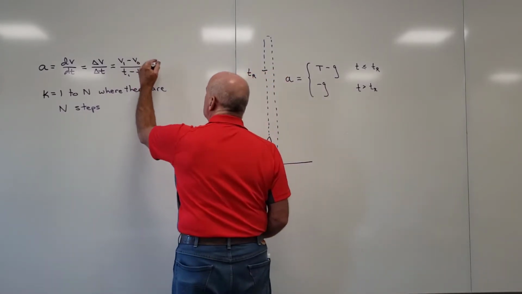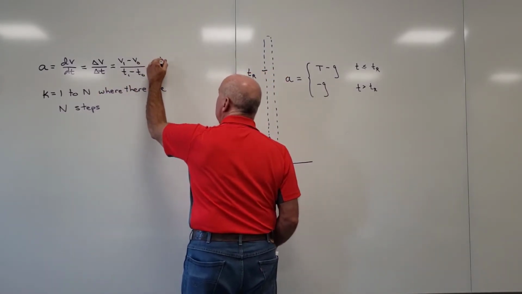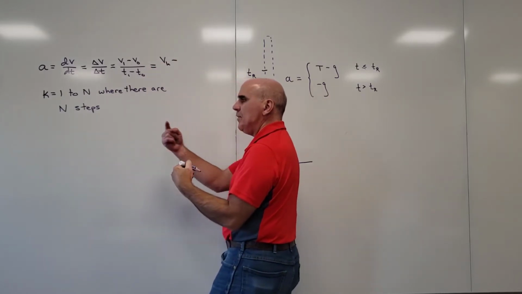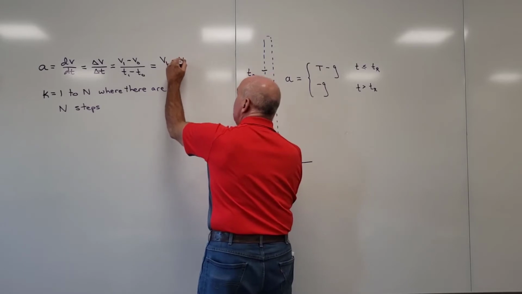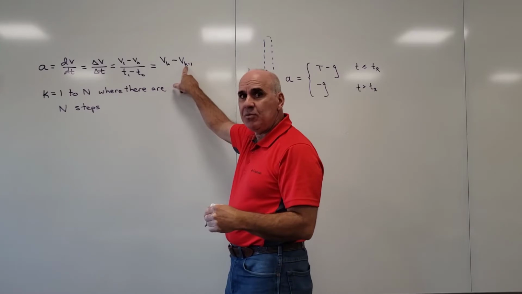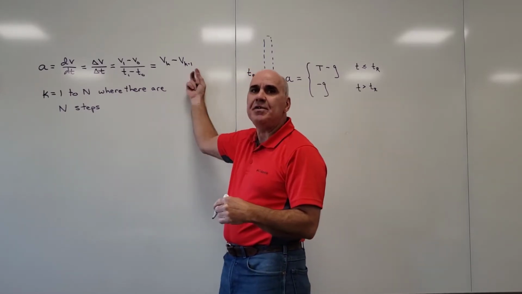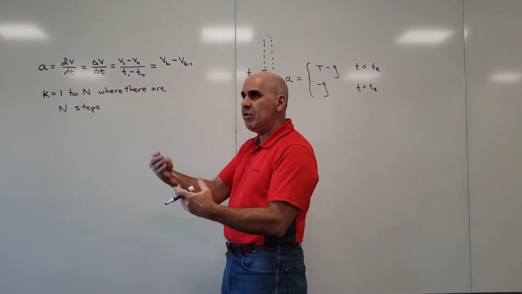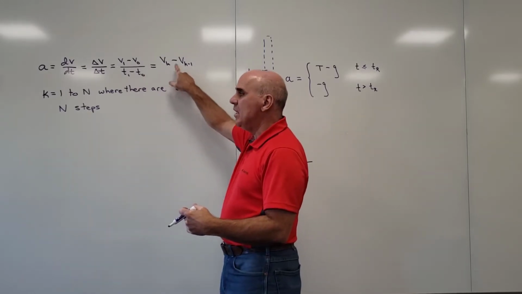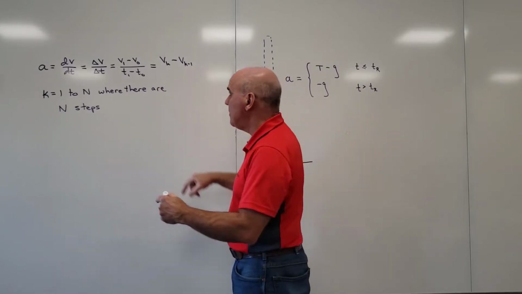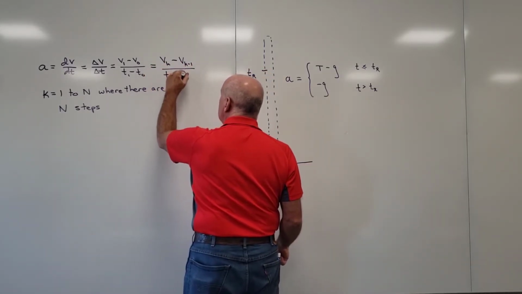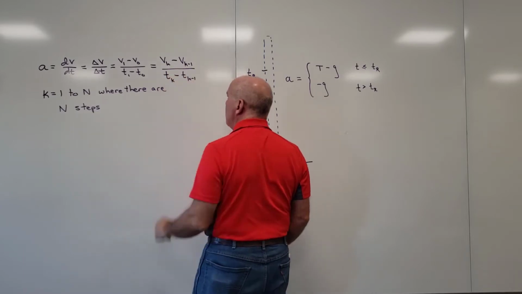So what I could say is that the change in velocity is v sub k. What was the velocity previous to that? Well, it was v sub k minus 1. In other words, my subscript is 1 less. So this might be v7 minus v6, where I'm at step 7 now. So the velocity at step 7 looks at the velocity at step 6. And then down here, t sub k minus t sub k minus 1.